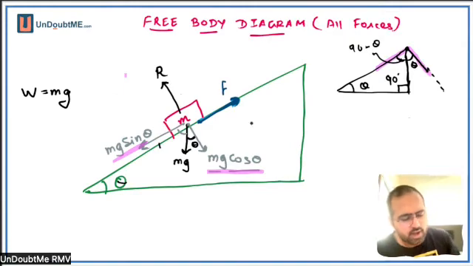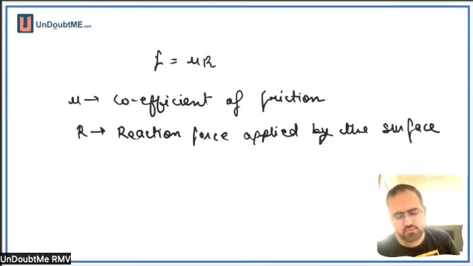This R was the reaction force which was applied by the wedge, by the inclined plane. So R is the reaction force applied by the surface.